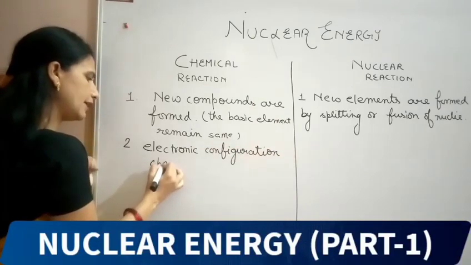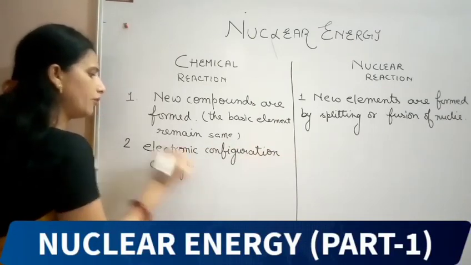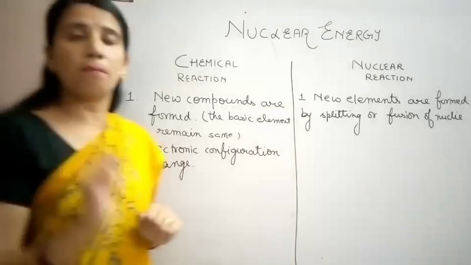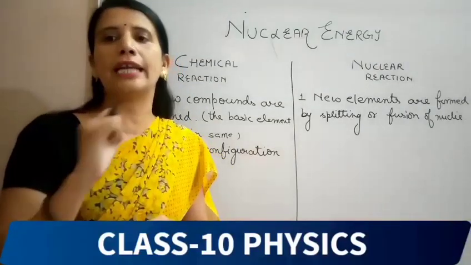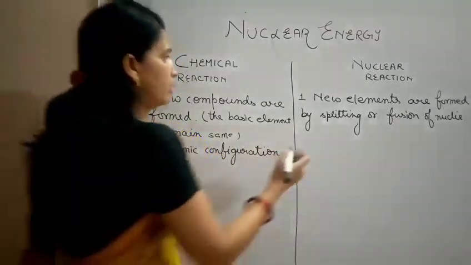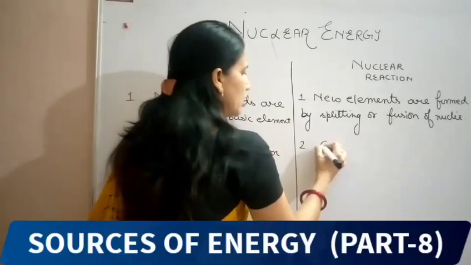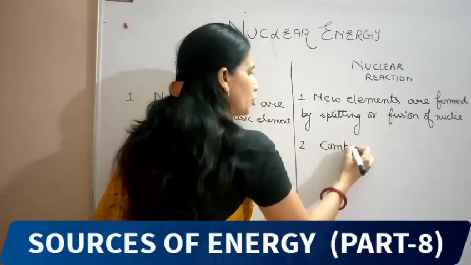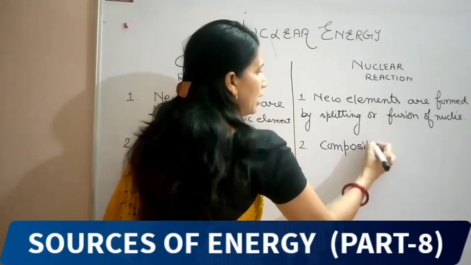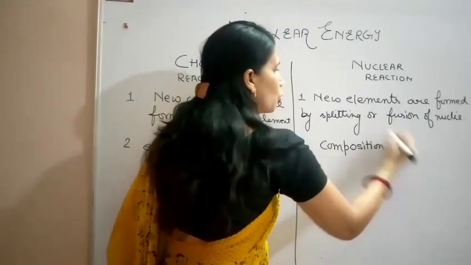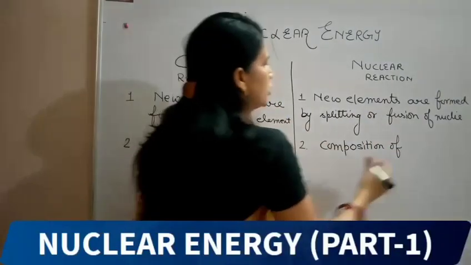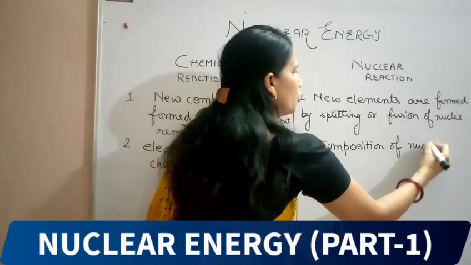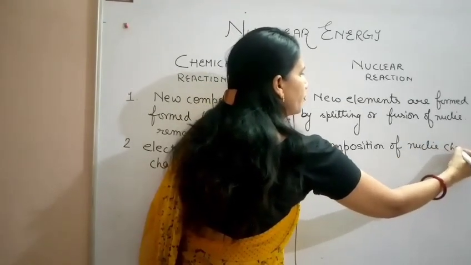But in a nuclear reaction, the composition of the nuclei changes. So it is a major difference. The composition of nuclei changes, which means the number of protons and neutrons changes.